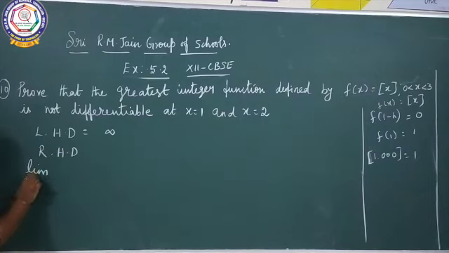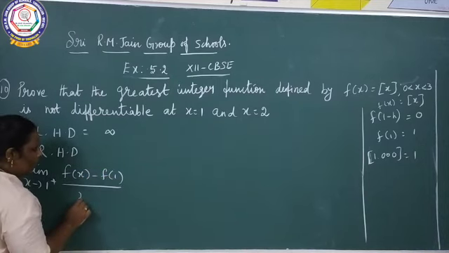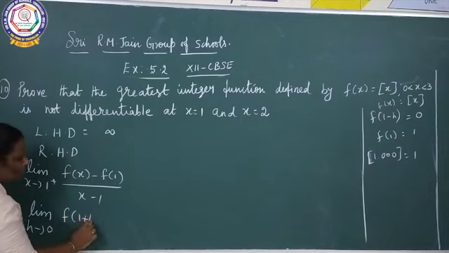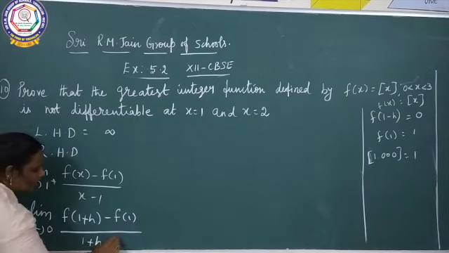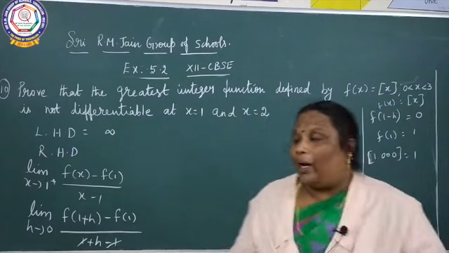Okay, now we move on to the right hand derivative. Limit x tends to 1 plus, it is nothing but the right hand derivative, f of x minus f of 1 by x minus 1. So, limit h tends to 0, f of 1 plus h minus f of 1 by 1 plus h minus 1. You cancel plus 1 and minus 1. See what is f of 1 plus h.